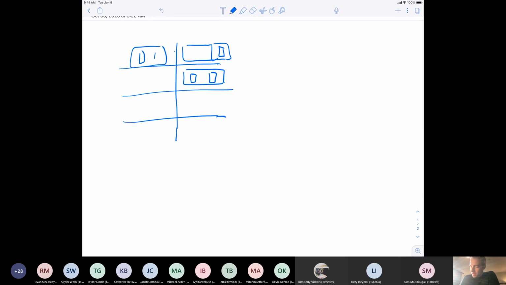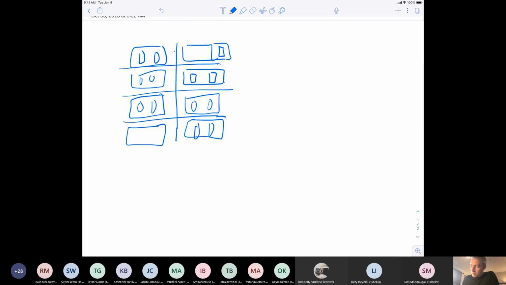You got cars here, and I'm getting sloppier with my cars, but you get the idea. Then over here, we have a few more spots.